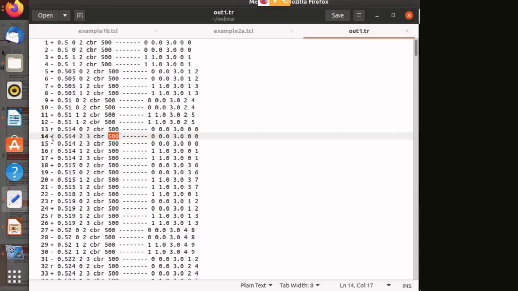Now again what will happen? It will be enqueued at the same time. Why at the same time? Because there is no queuing delay. We are using 4 nodes. Node 0 means node ID 0, node 1 means node ID 1.